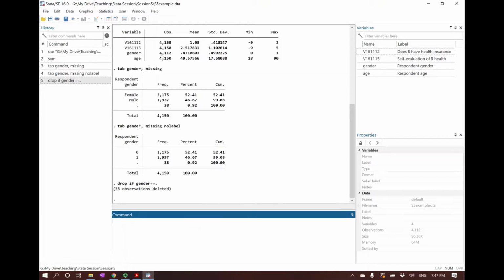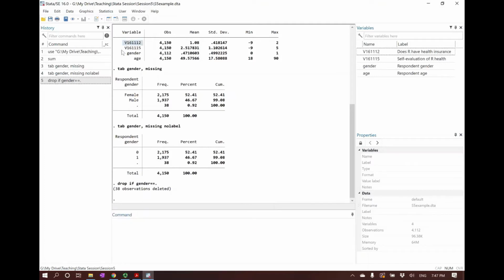Furthermore, I'm going to use tab, missing, nolabel to continue to study and deal with the other 2 categorical variables. Sometimes you may also have missing data for other quantitative variables, so you also want to examine whether that is the case.